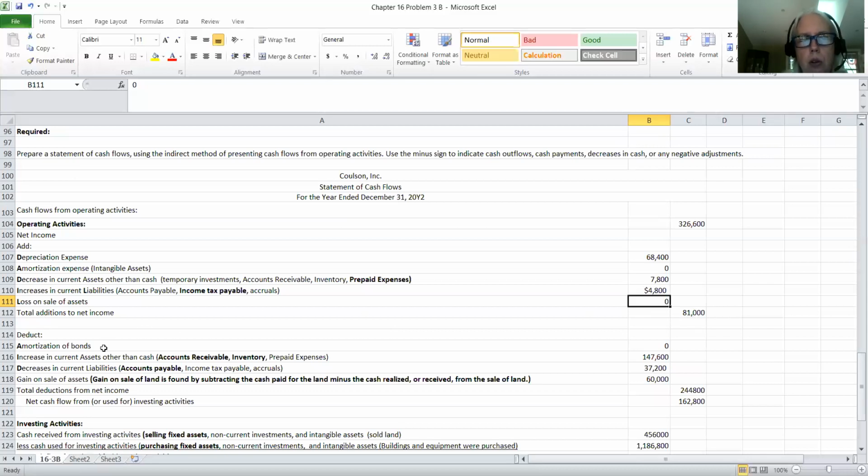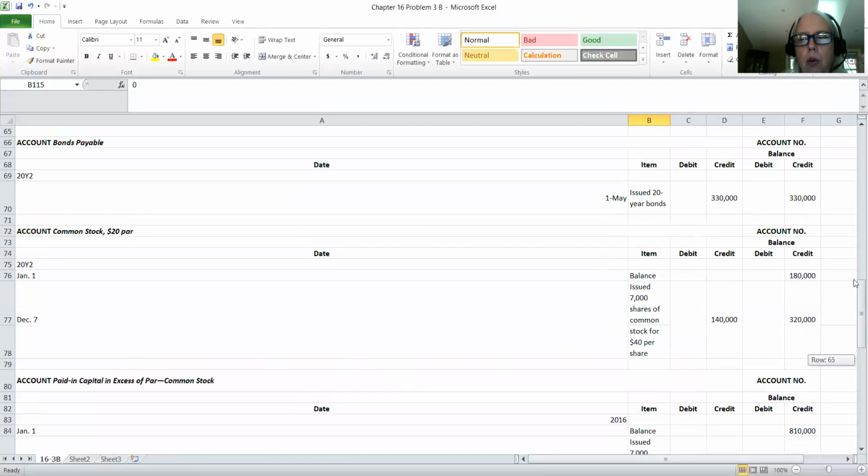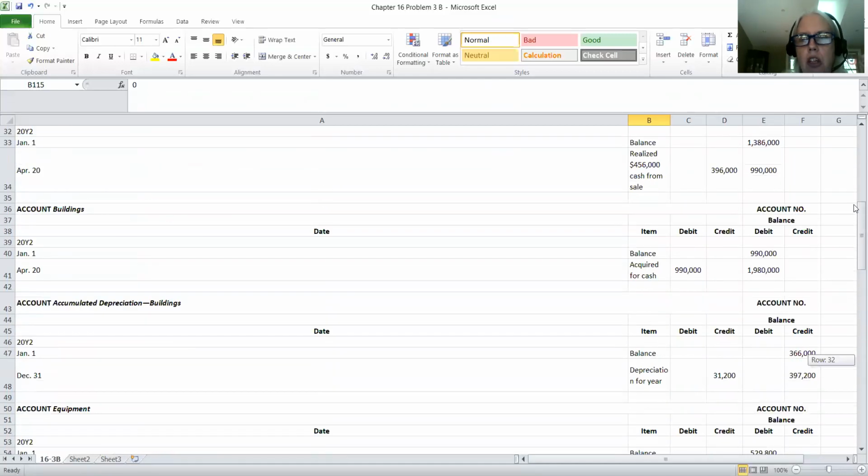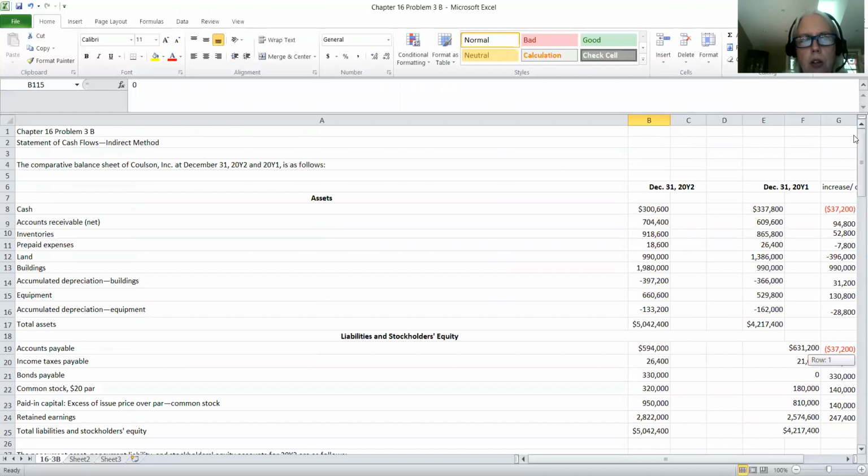The next thing we're going to look for is if we have any amortization recorded on our bonds. So we're going to look at the balance sheet accounts and look to see if we have any bonds. Well, we have bonds here, but I don't see any account underneath it.